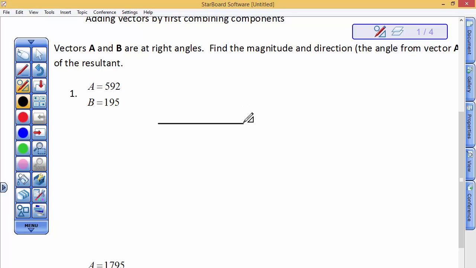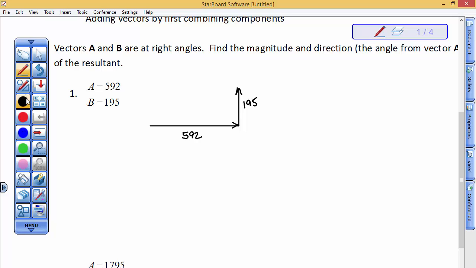And then let's draw vector B. They're at right angles to one another. Sorry about that. So here's vector A, and here's vector B, about a third of that length, at right angles to one another. Again, A at 592 units in length, and vector B at 195 units in length.